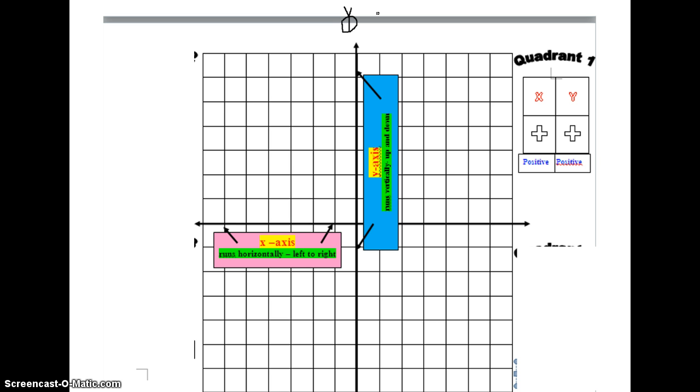And then we've talked about our quadrants. And we talked a little bit about quadrant 1. We said both the x value and the y value are positive. That's because wherever I plot a point, I'll change the color so it shows up a little more. If I plot a point here, remember all of this space is quadrant 1.